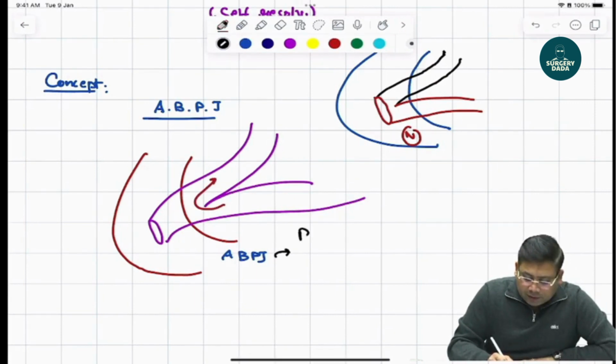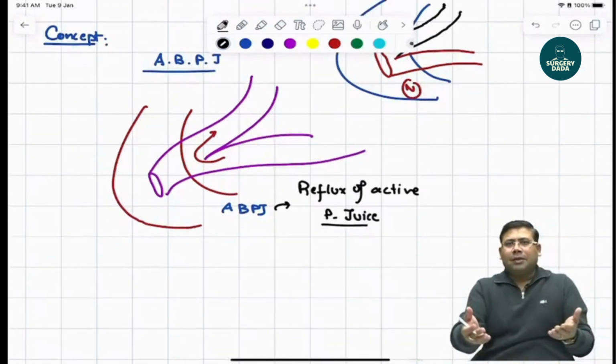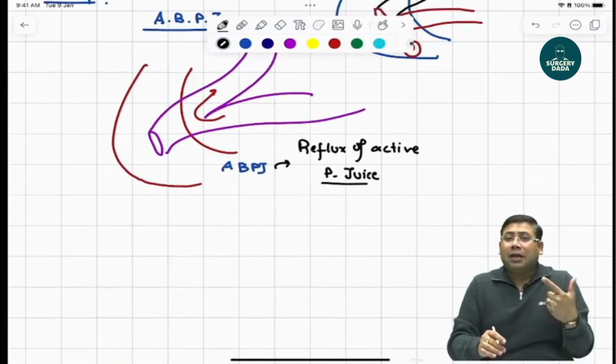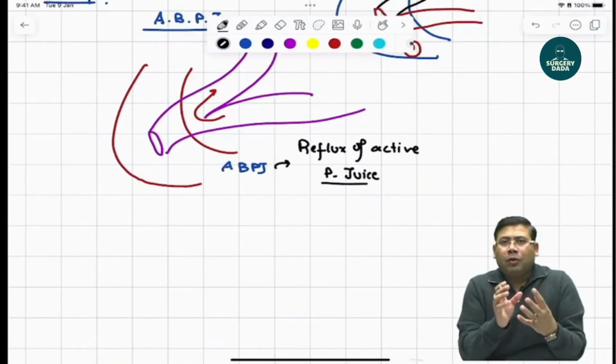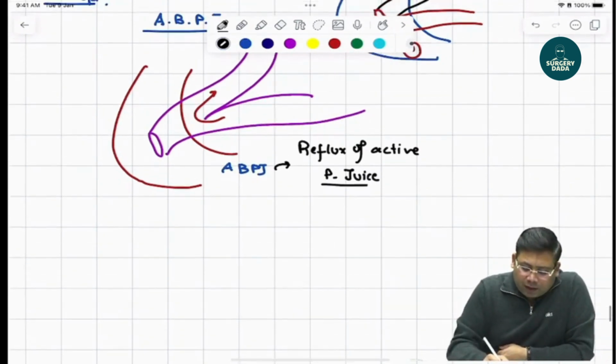Therefore, there is reflux of active pancreatic juice out of the acinus of the pancreas. The juice is activated from trypsinogen to trypsin, and this is actually a very protein-dissolving enzyme. So reflux of pancreatic juice into the CBD, and because of this a lot of things happen.